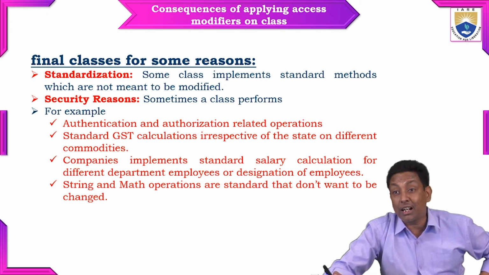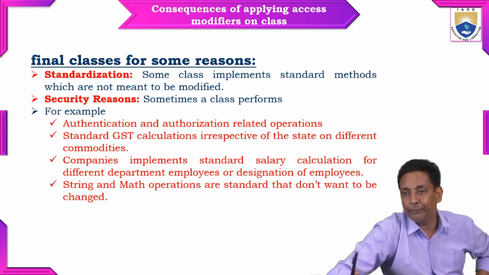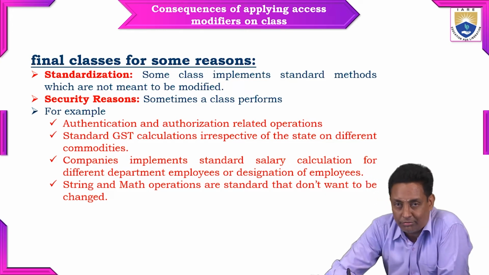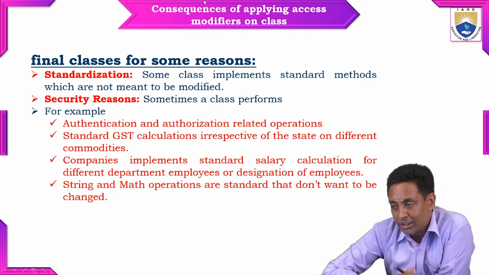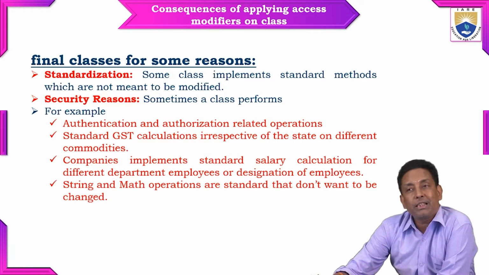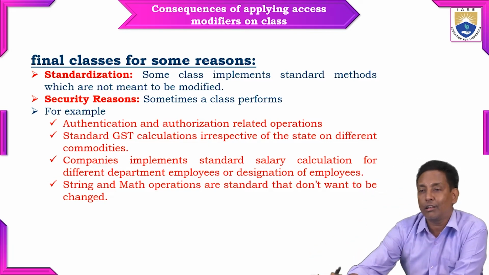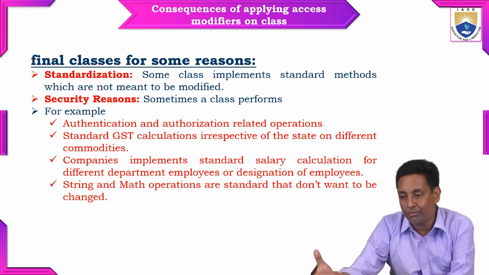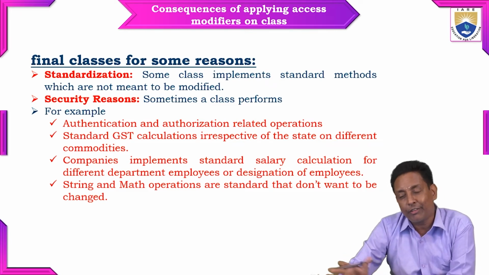Companies implement standard salary calculations for different department employees and designations of employees. Salary calculation also does not want to be overridden. Once written, salary calculation should be final, because if you go to HR based sites, they'll tell you the difference between basic pay, gross pay and net pay. If you go to Google and check how to calculate basic pay, gross pay and net pay, there is a calculation that every HR will follow.